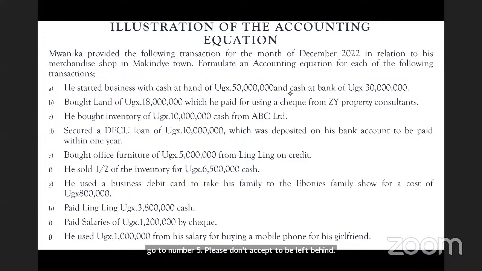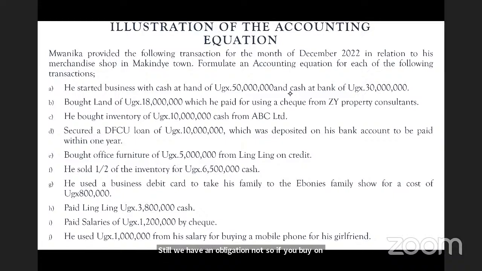Number 5. Bought office furniture of UGX 5 million from Ling Ling on what? On credit. Bought office furniture 5 million from Ling Ling on what? On credit. Still, we have an obligation, not so?